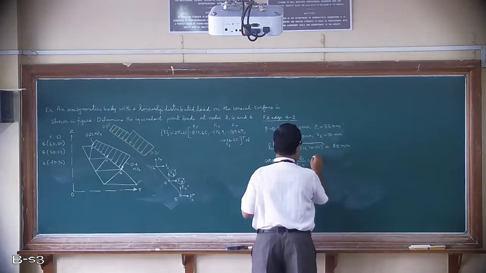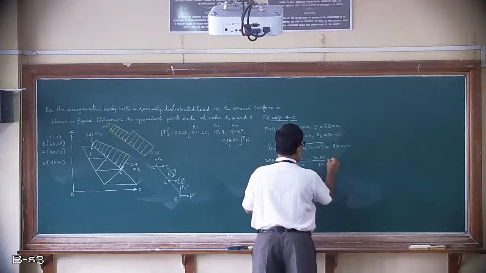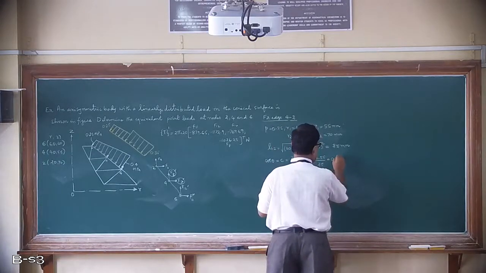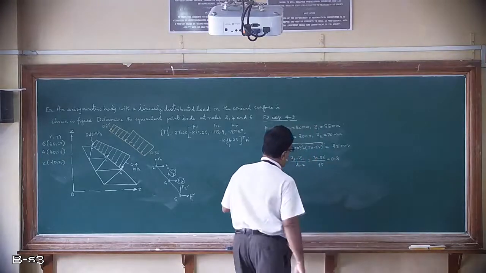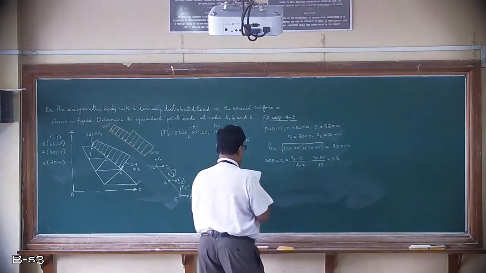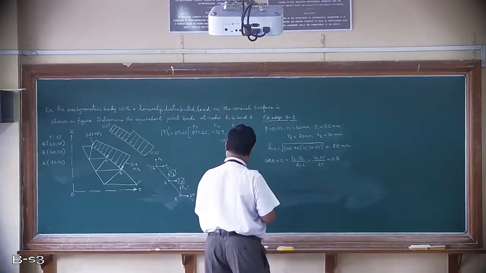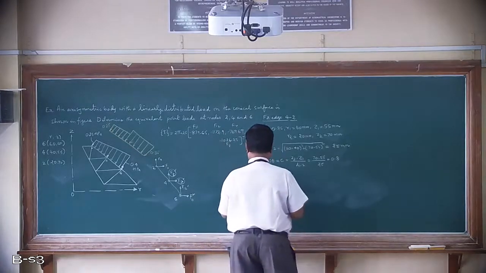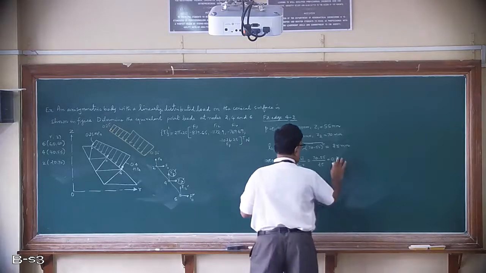Z2 is 70 minus 55 upon 25. This is coming 0.6 only.